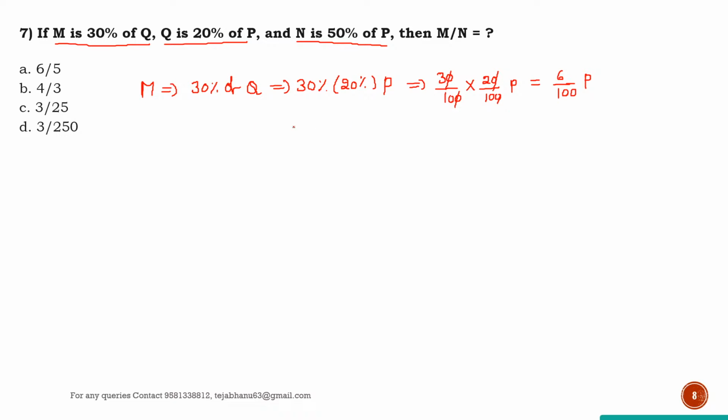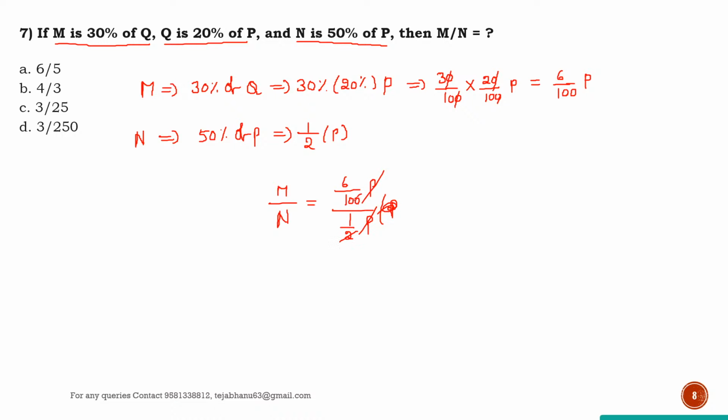That is the M value, 6 by 100 of P. If you consider N, he has given 50% of P. 50% is nothing but half, so half of P is the N value. Now he asked us to find M by N, which is 6 by 100 divided by 1 by 2 of P. P is present in both, so P gets cancelled.